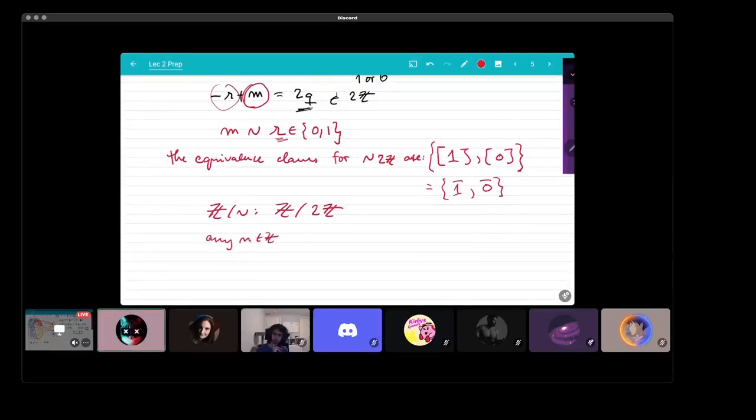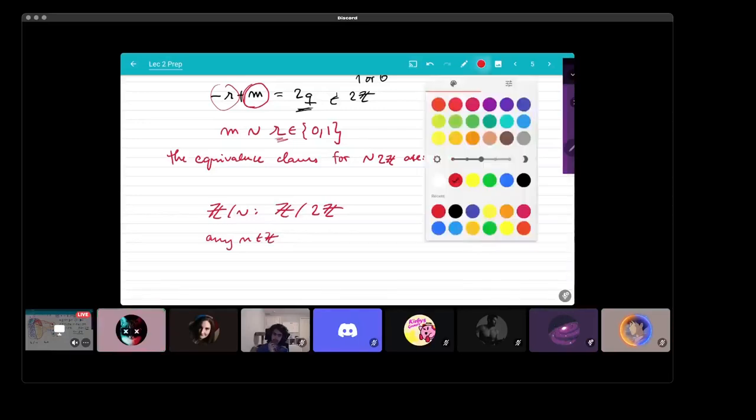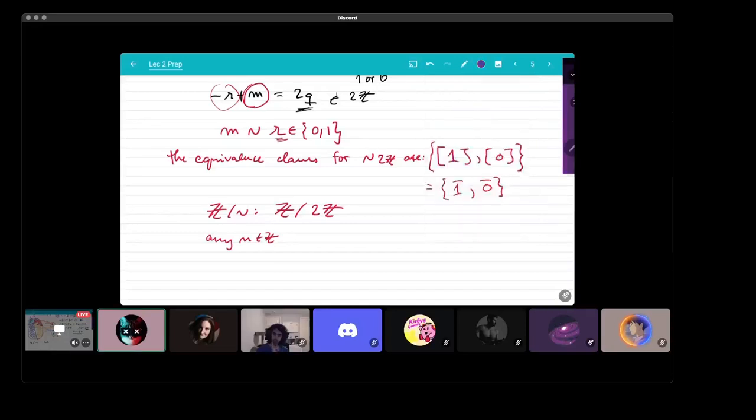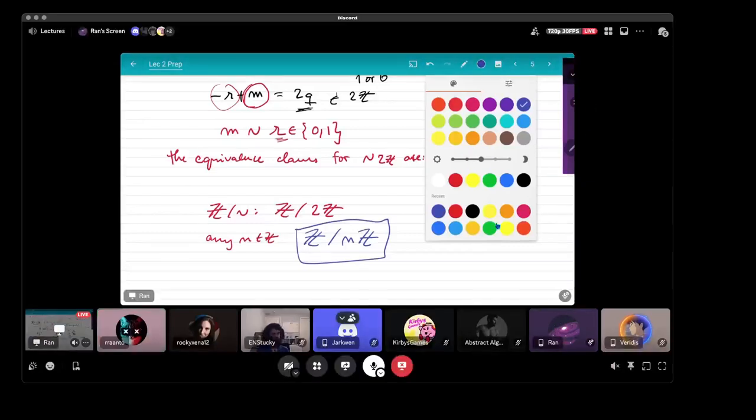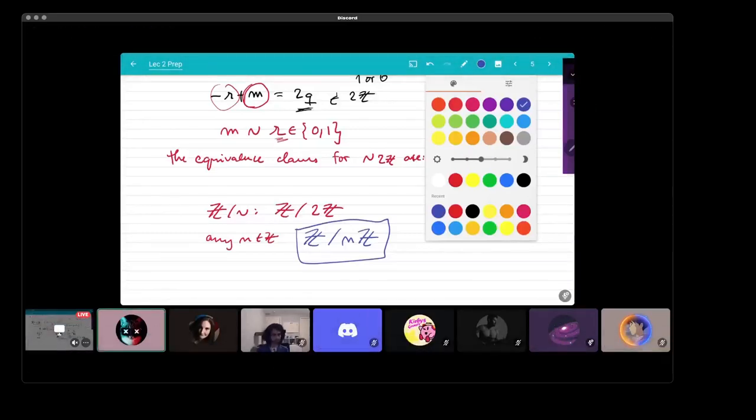So actually, by taking any n, we can do the same process to define the quotient set Z over nZ, and this is called, I don't know what this is called actually. Don't remember. Yeah.